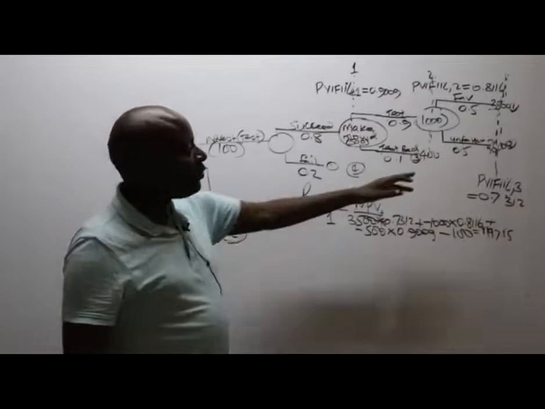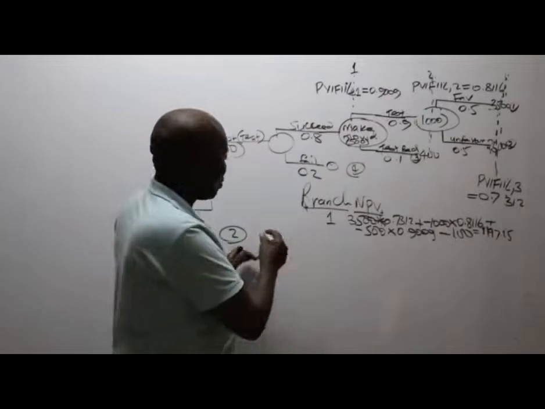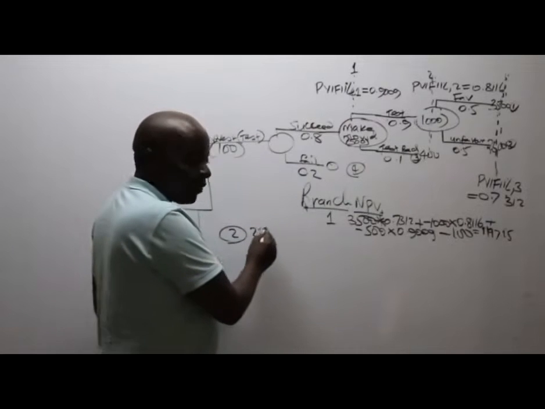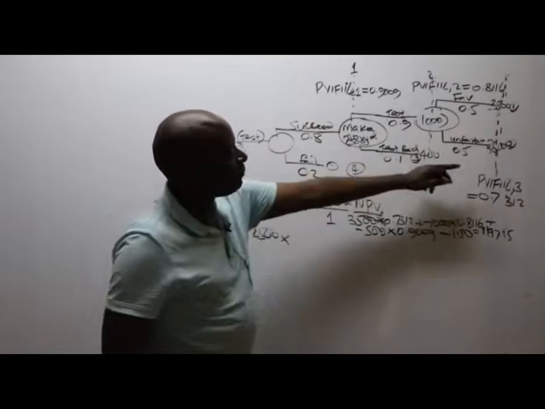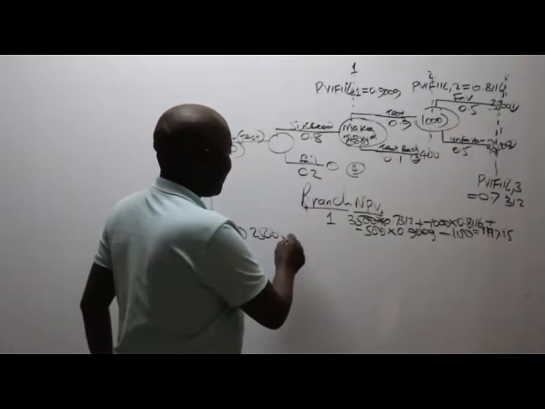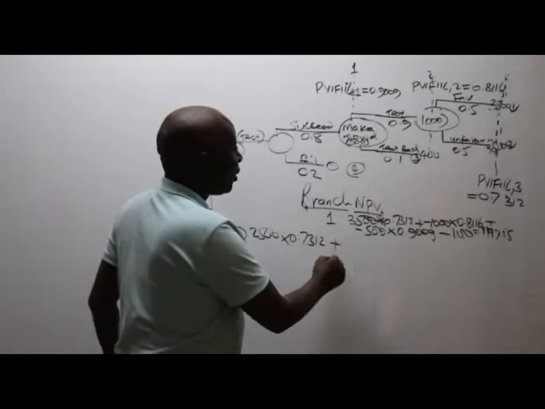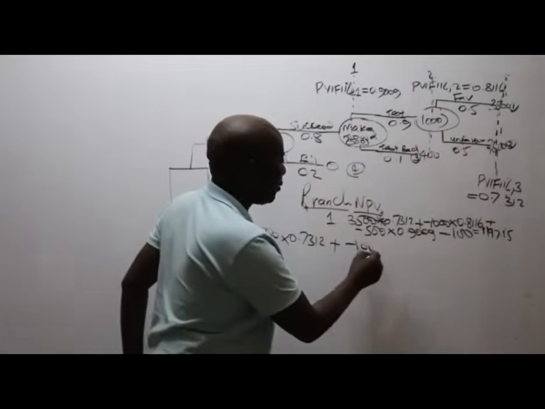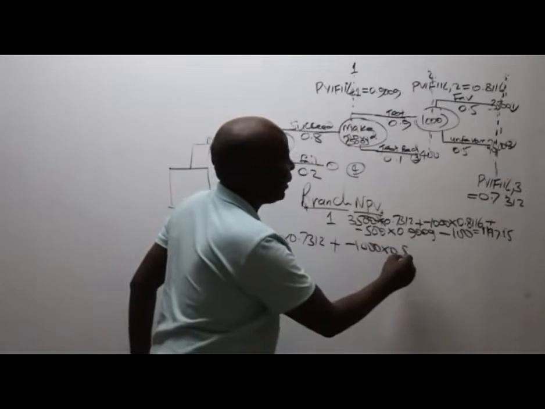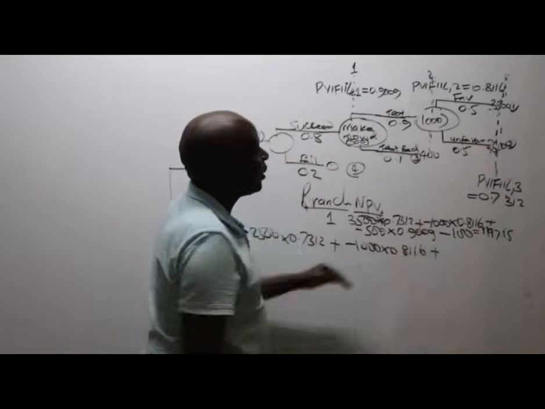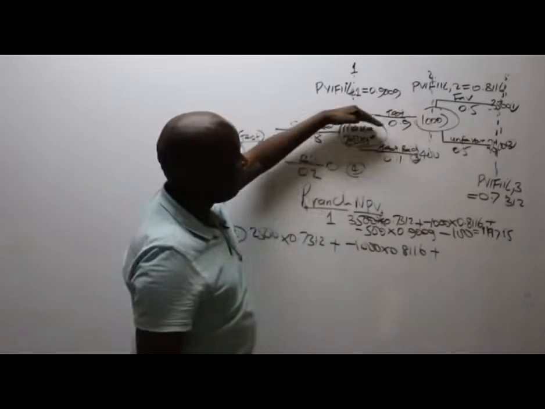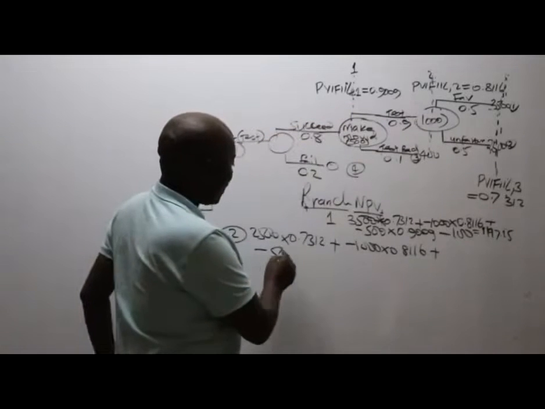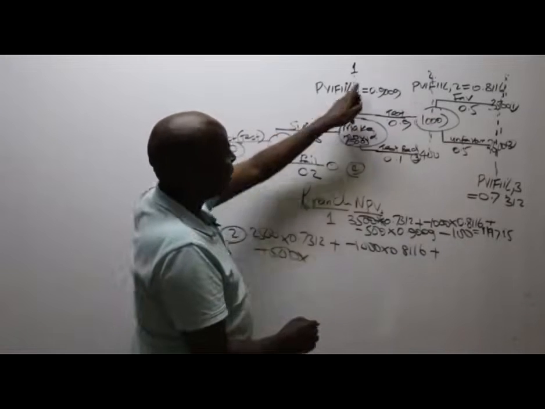So we have here minus 2,500. So not minus, plus 2,500 times the discounting factor 0.7312. Plus, I'm moving here, I can see on my road, there is this minus 1,000 times 0.8116, plus, continuing with my journey, picking only cash flows alone, minus 500 times the discounting factor.